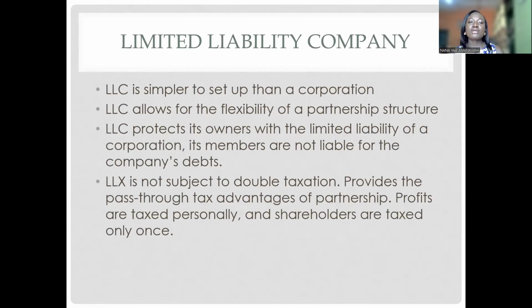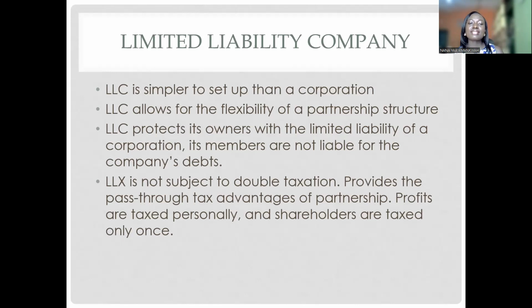Now, when you look at limited liability companies in detail, you know that they are simpler to set up than the corporation. LLCs allow for the flexibility of the partnership structure and protect their owners. So when you're an owner, your assets are protected. Its members are not liable for the company's debt.